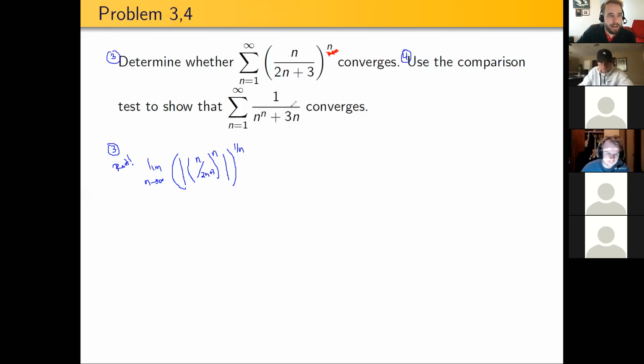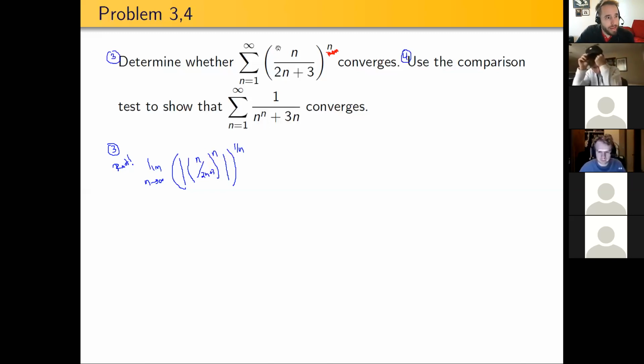And we see why. We can notice that these absolute value signs are not doing a whole lot here. This expression will always be positive no matter what. Specifically, in this example, n divided by 2n plus 3 raised to the nth power will always be positive. And so the absolute value signs can be ignored. They don't affect anything.